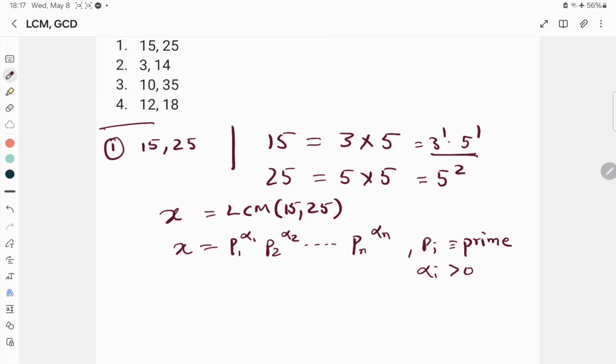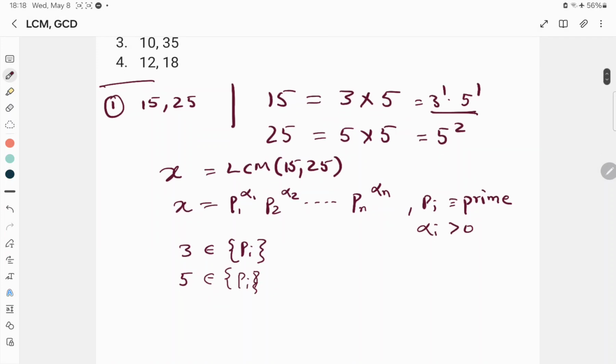So this 3 to the power 1 times 5 to the power 1 has to divide x. So 3 is a member of the pi's and 5 is a member of the pi's, because prime numbers are not divisible by anything, and you can think of these as the atoms that are building up the number. So 3 and 5 have to be the prime numbers.